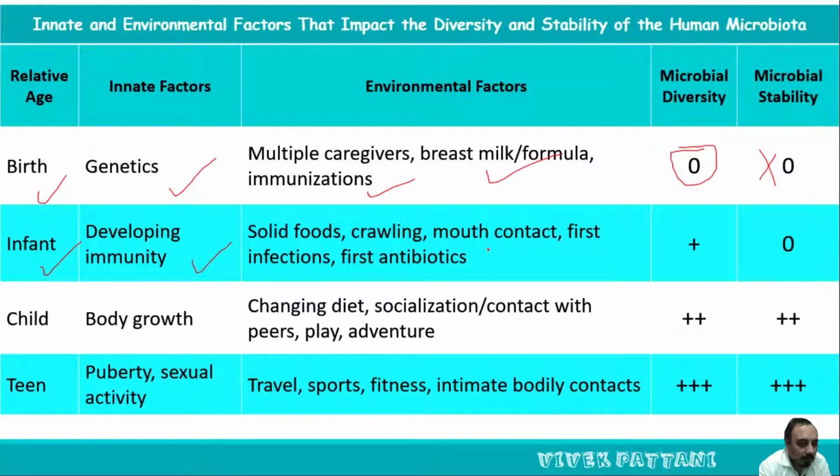So a wide variety of environmental factors will be involved, which will lead to an increase in the microbial diversity of the human being. But still there will be no microbial stability as the diversity is still low.